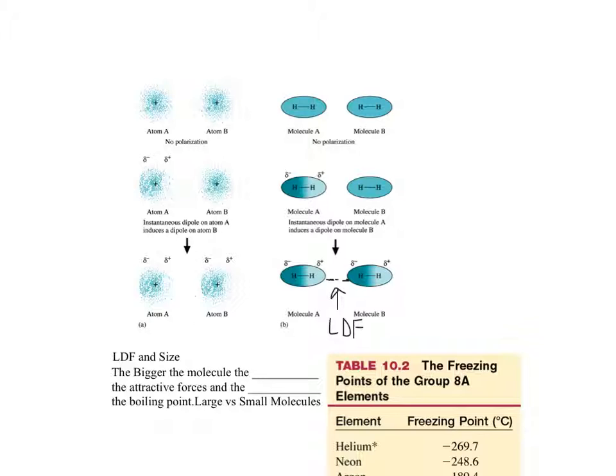All right, and then on the left, it's showing you the same thing with the electron cloud. So the bigger the molecule, the more electrons it has, and the more polarizable it is.